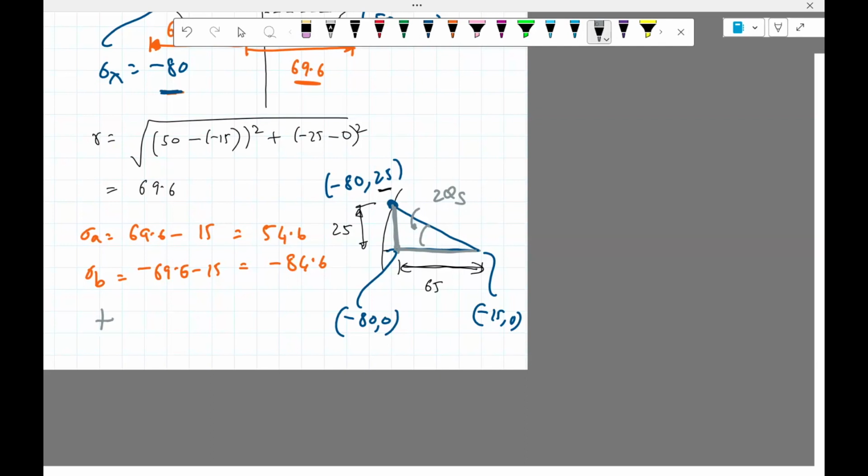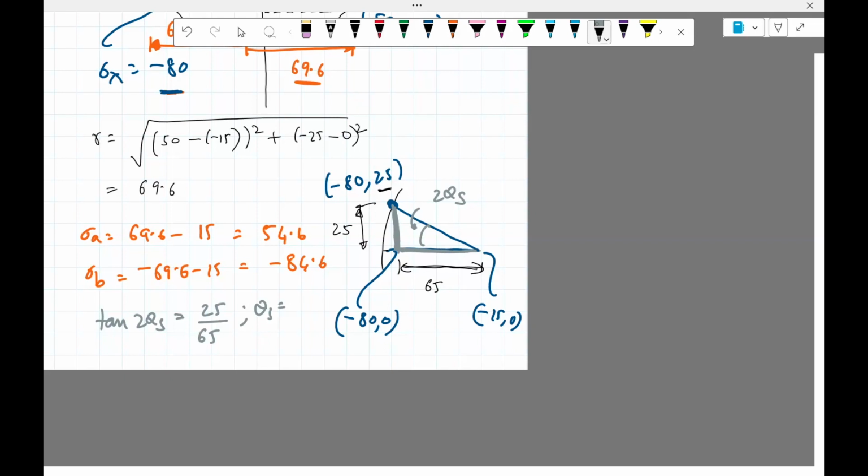So tan 2 theta s is the opposite side, 25, divided by the adjacent side, 65. Doing this math, you get theta s as, I think, 10.5 degrees.